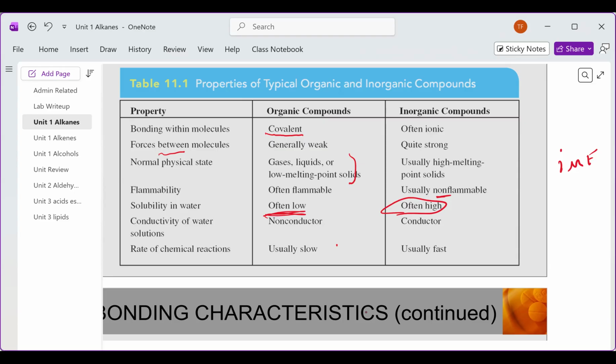So that means the polar inorganic compounds are quite comfortable in water. Ionic compounds usually are inorganic. Frequently, they conduct electricity. This requires an ion. If the inorganic compound is not an ion, it can't conduct electricity either.